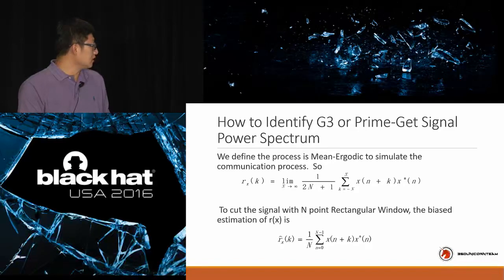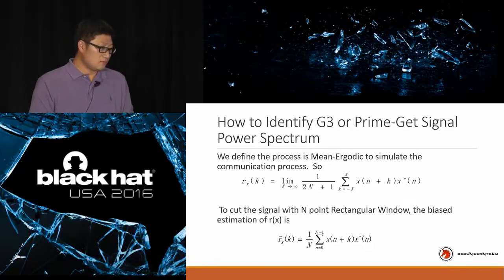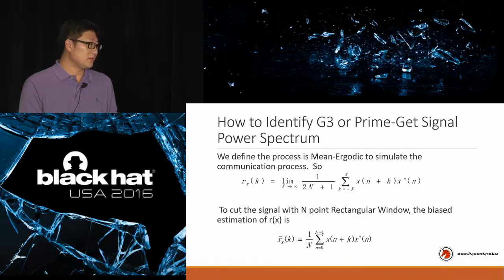We know the finite length of the record is the most important limitation on the quality of the power spectrum estimation. The longer the data record, the better we can approach the real power spectrum.